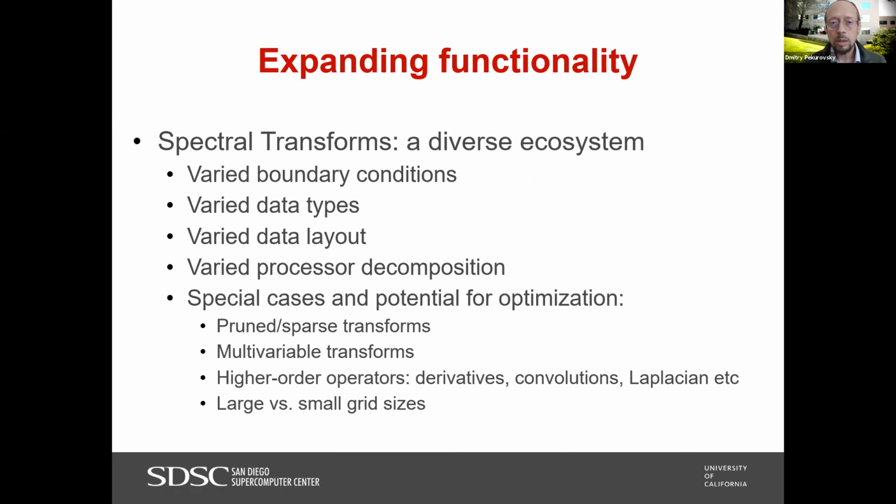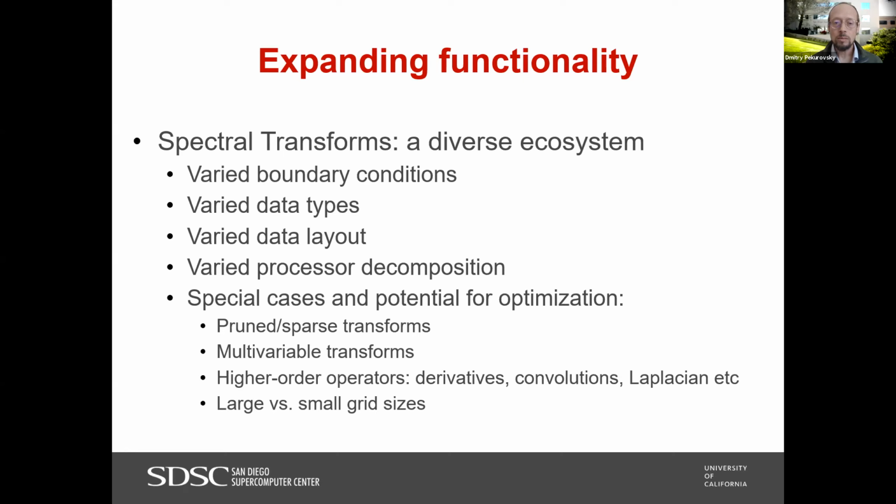I want to talk about expanding functionality as well. The spectral transforms, as I mentioned, really encompass a diverse ecosystem with varied boundary conditions, varied data types, varied data layouts, and varied processor decompositions.